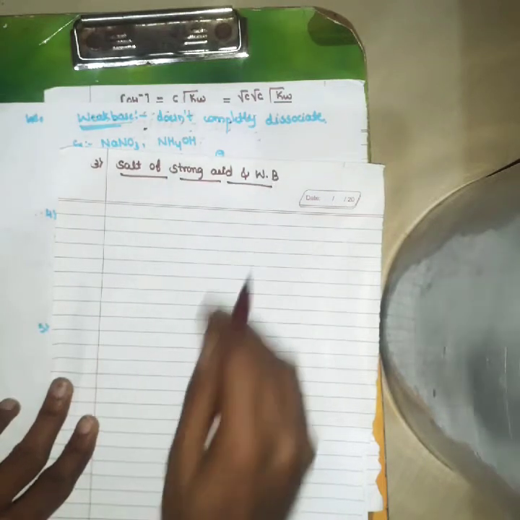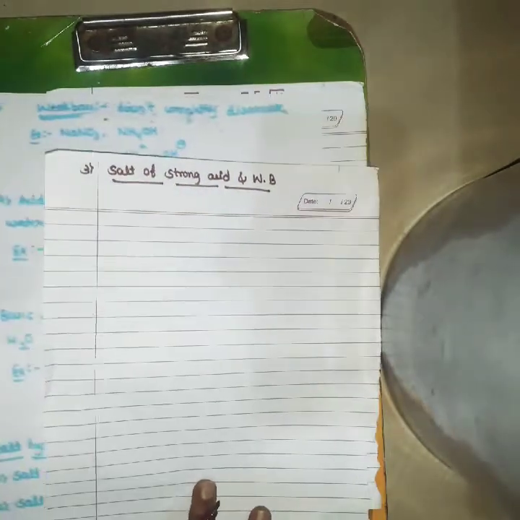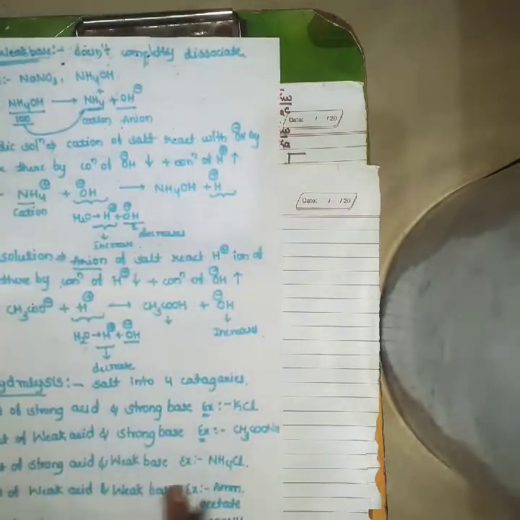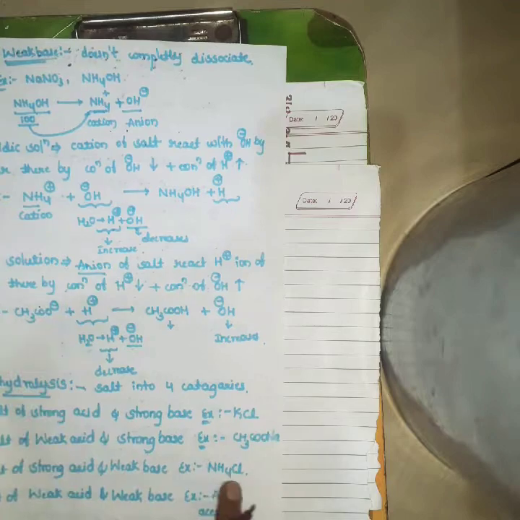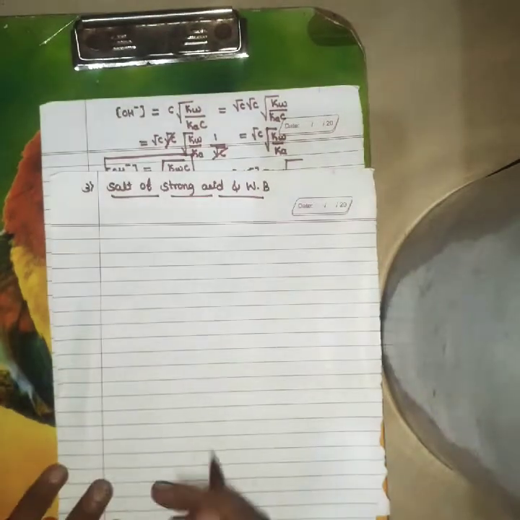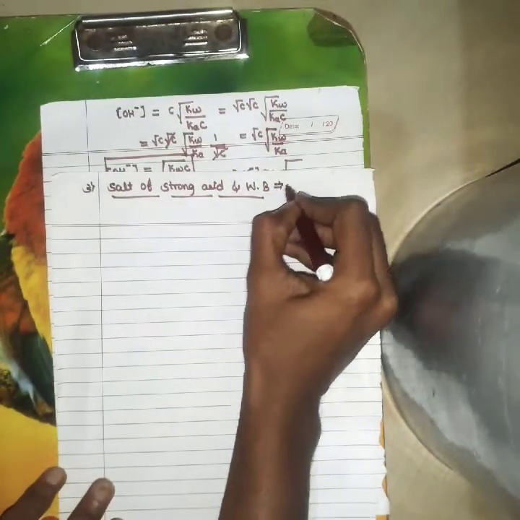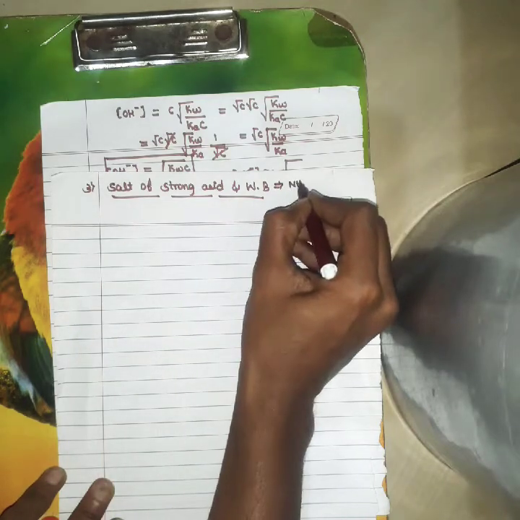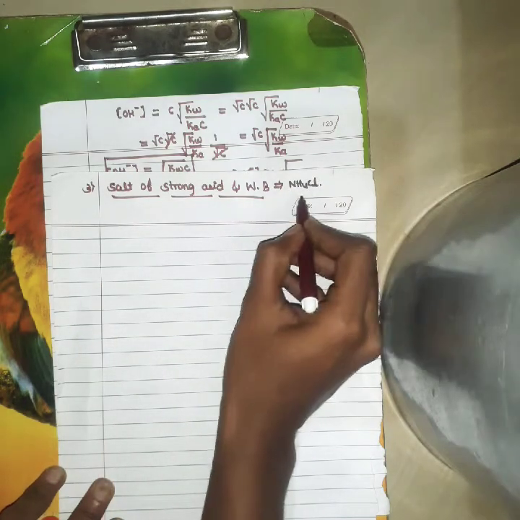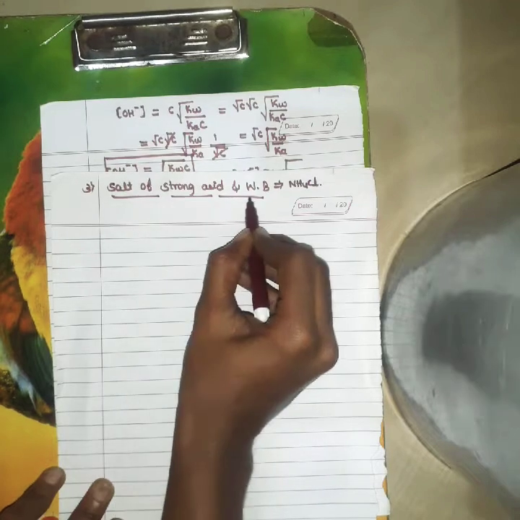What are we studying? The salt hydrolysis of strong acid and weak base, by taking an example of ammonium chloride. Ammonium chloride is the salt of strong acid and weak base.